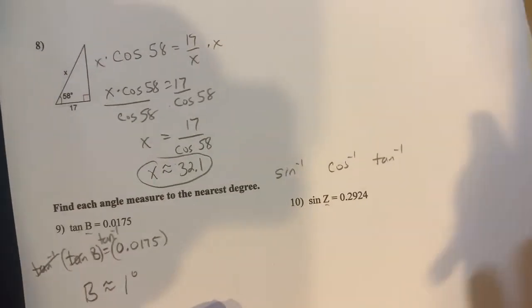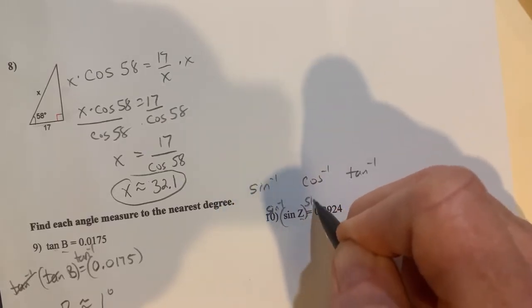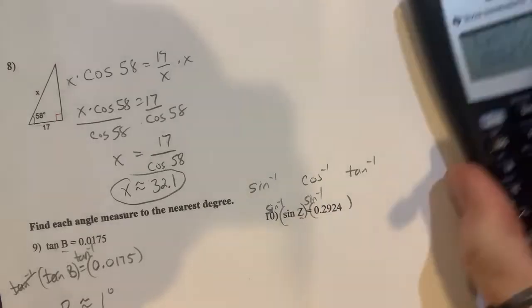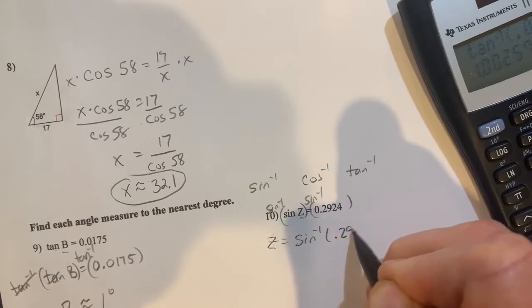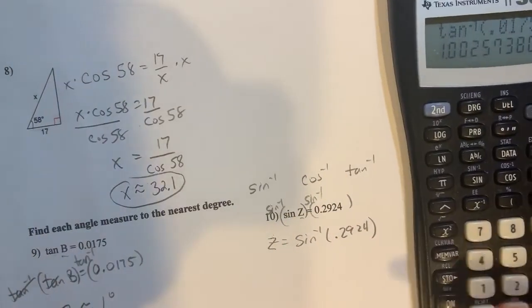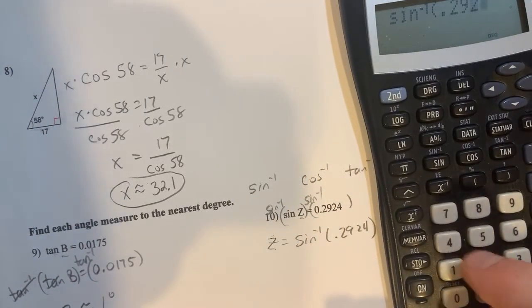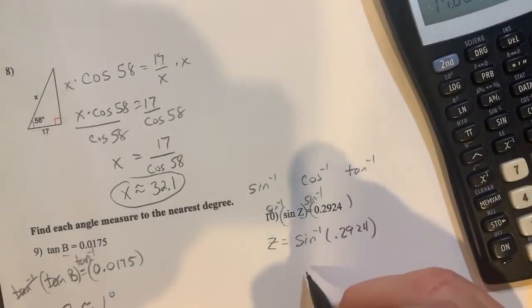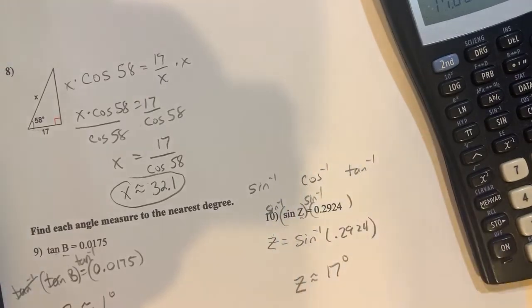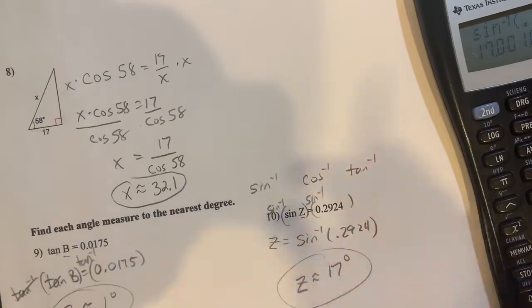If I type in this one, what I would do is go sine inverse on both sides. So second sine, 0.2924. And that gives me z is 17 degrees. I rounded that to the nearest degree. Okay, so that's how you find the angles.